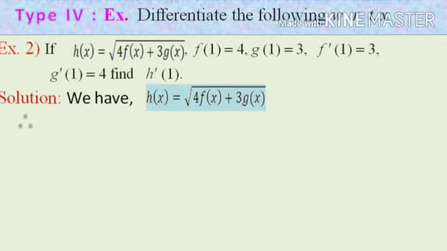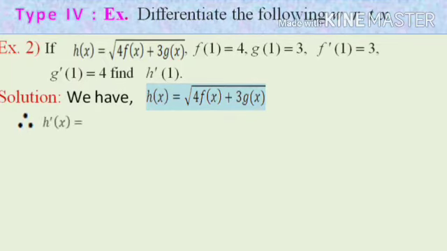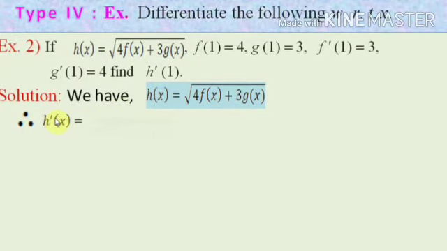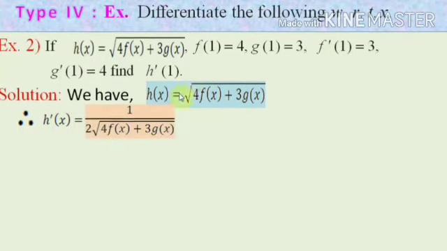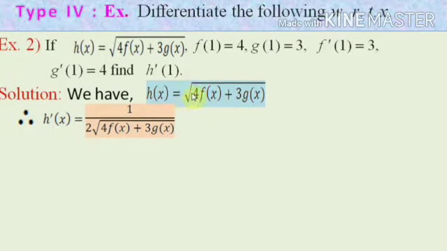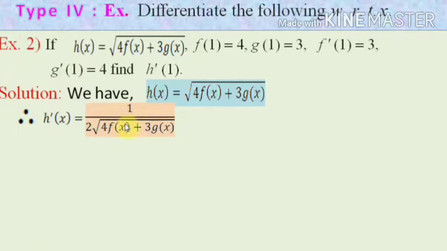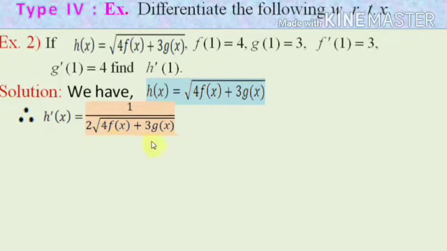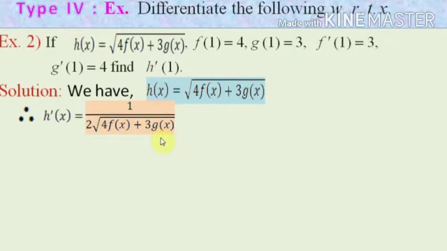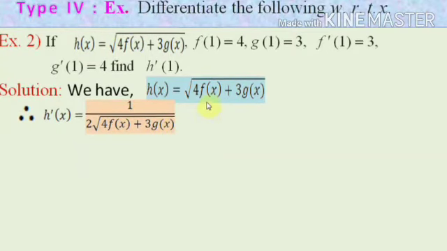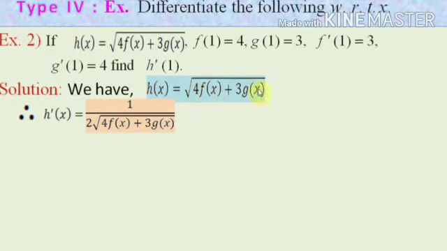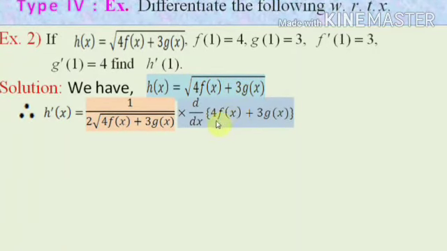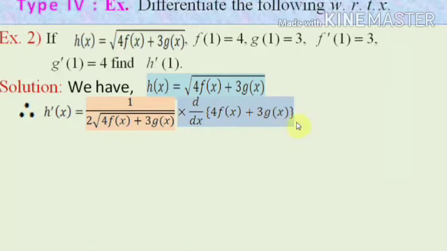Therefore taking the derivative of both sides, that is derivative of h of x, that is h dash of x equal to derivative of root of f of x, that is 1 upon 2 root of 4 f of x plus 3 into g of x, into again by the rule of composite function d by dx of 4 f of x plus 3 g of x.